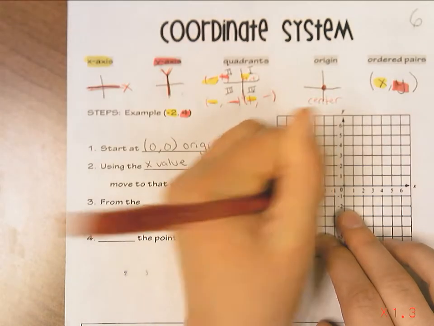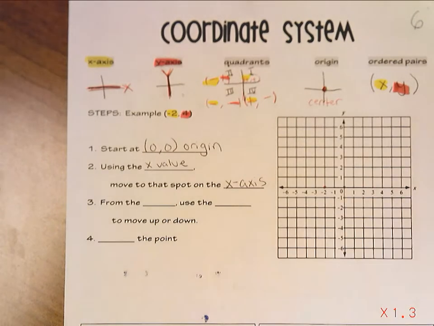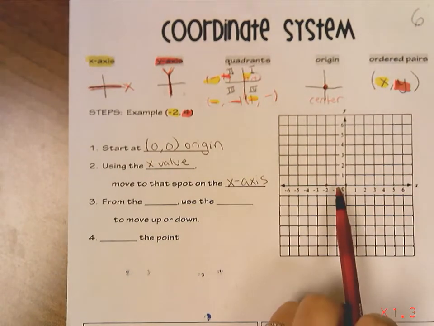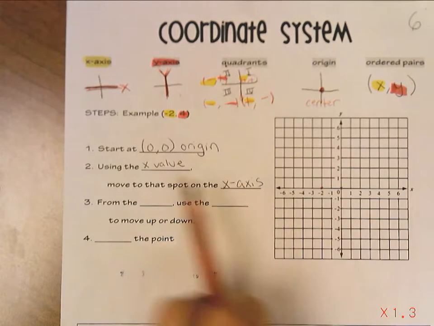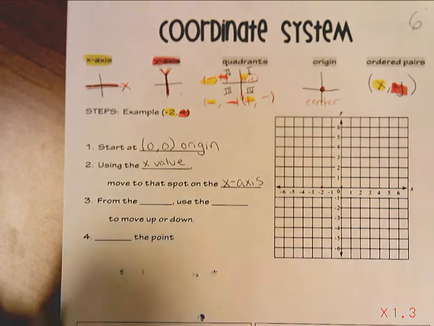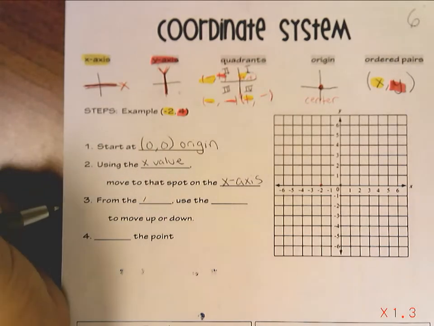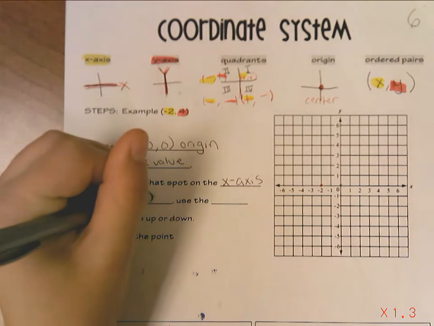So right now we are right here. Okay, so you start at (0, 0), which is the origin, and move -2 over. Number 3 says move from the x value.